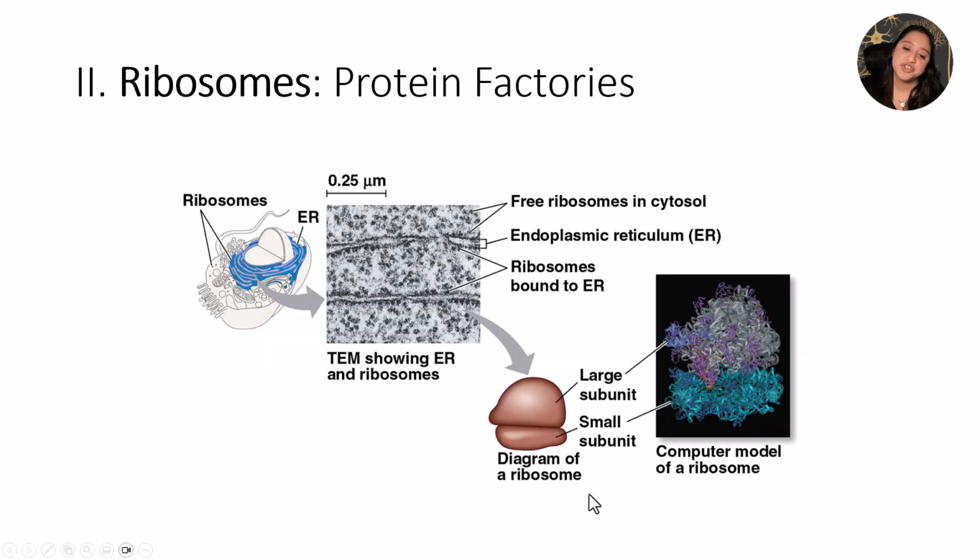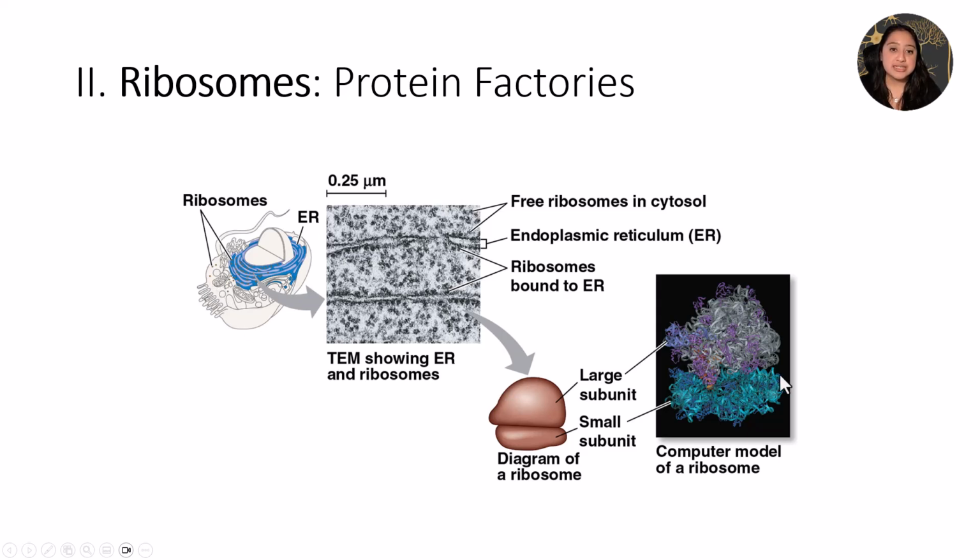Like I mentioned, we show a little diagram of ribosomes as just these blobs. I like to say it looks like a hamburger bun. There's a larger top bun and then the smaller bottom bun. But that's just a simplification of how we show it. And sometimes it's just little dots.